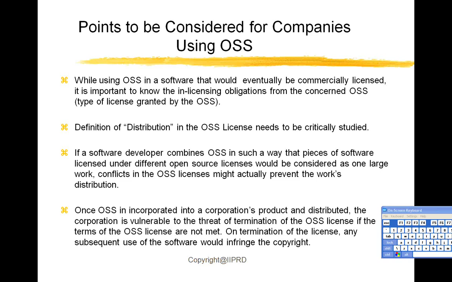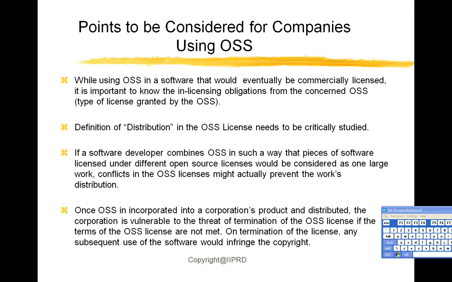This is the last slide that I'll be speaking on. Points to be considered for companies using open source software. While using open source software in a software that would eventually be commercially licensed, it is extremely important to know the in-licensing obligations. So we have to know whether it is a permissive license, a weak copyleft, or a strong copyleft license.